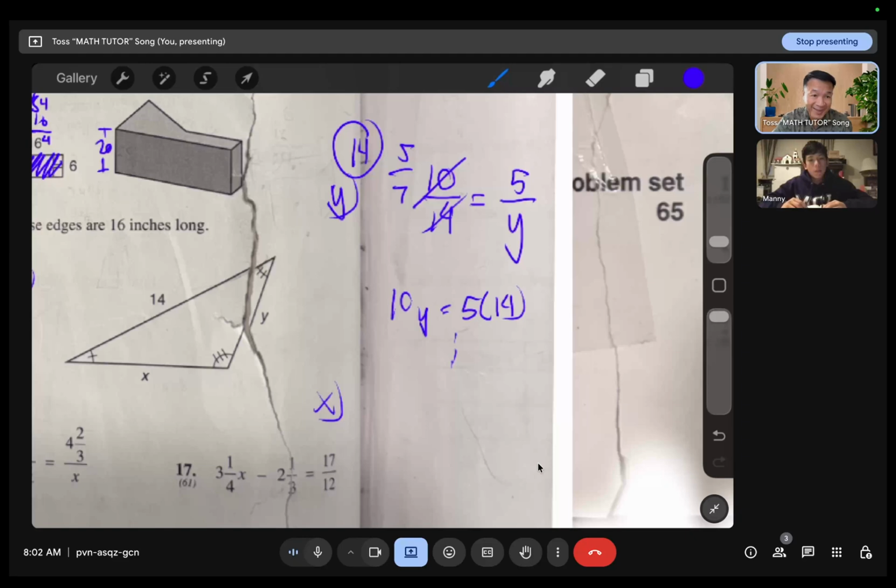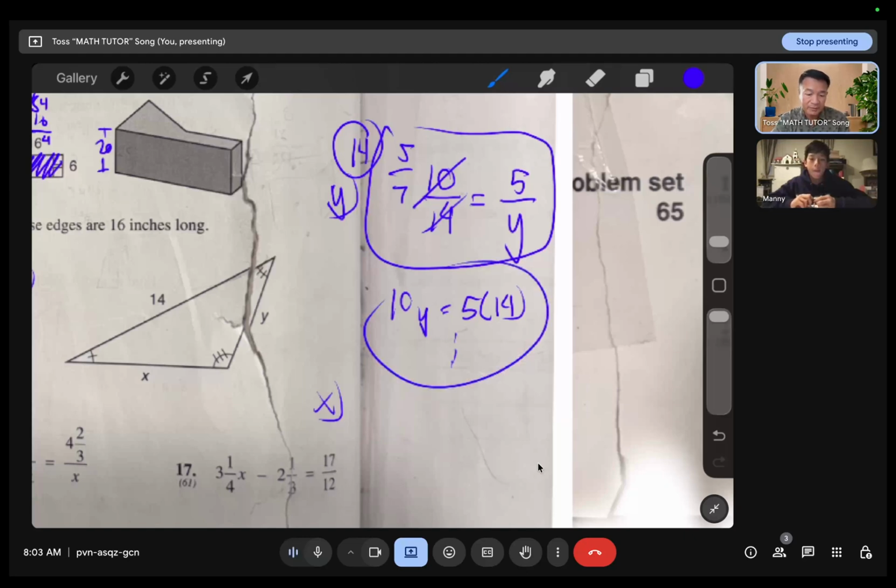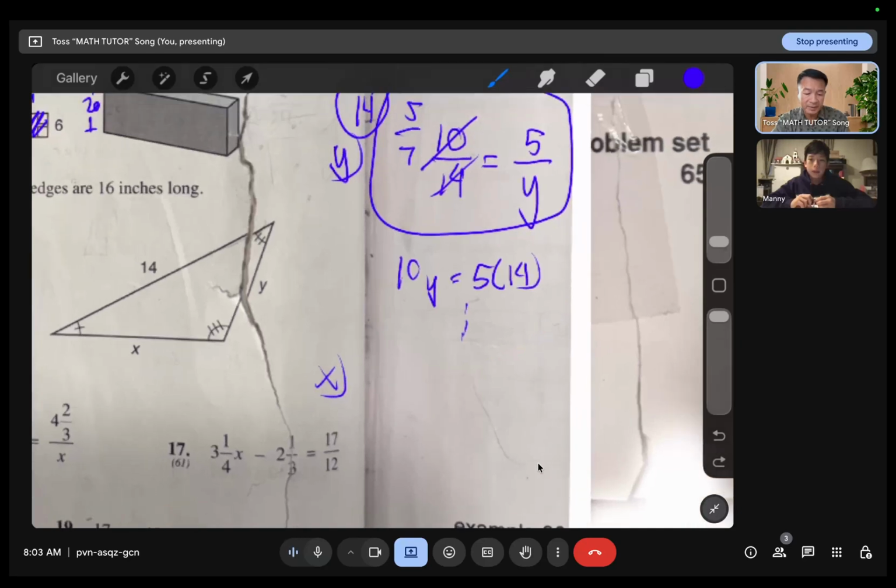Do you see it by looking at this? If you reduce to 5 over 7, which is half of 10, half of 14, equals 5 over what? Well, 7. Y is equal to 7. I think they made it so that you do it that way. If not, continue from here. 5 times 14 divided by 10 will give you 7.